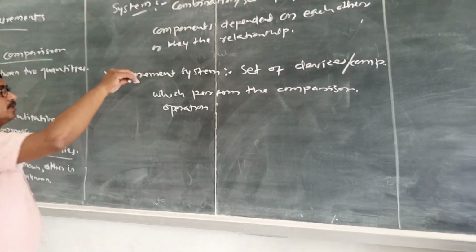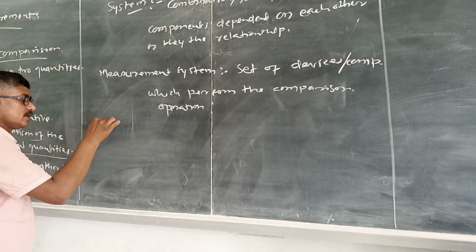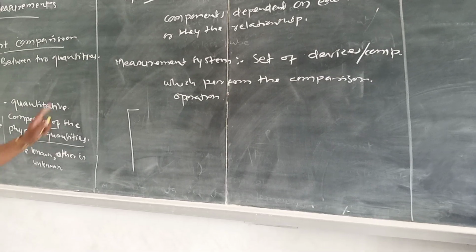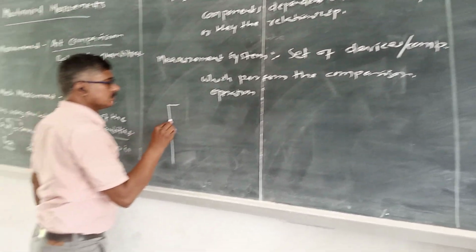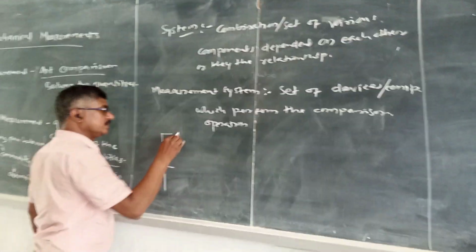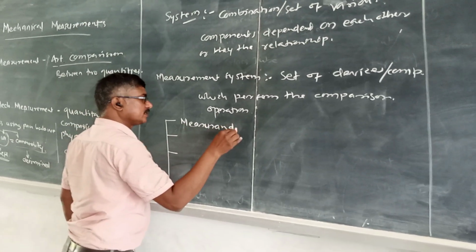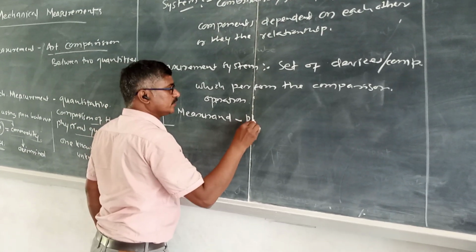Now, these system components are categorized into 6 various groups. One is measurement, that is a physical quantity.